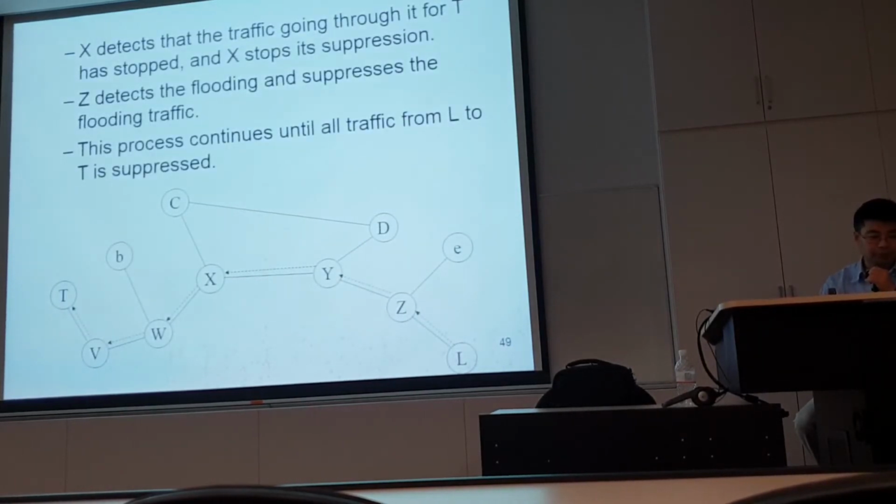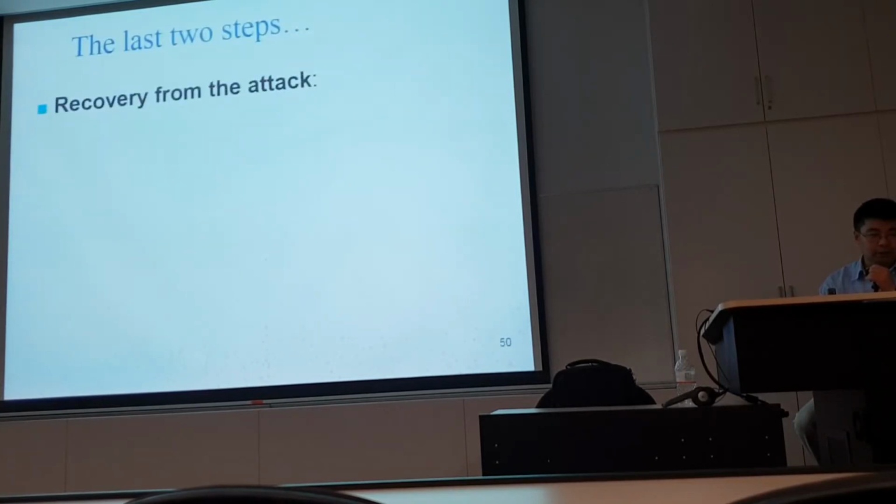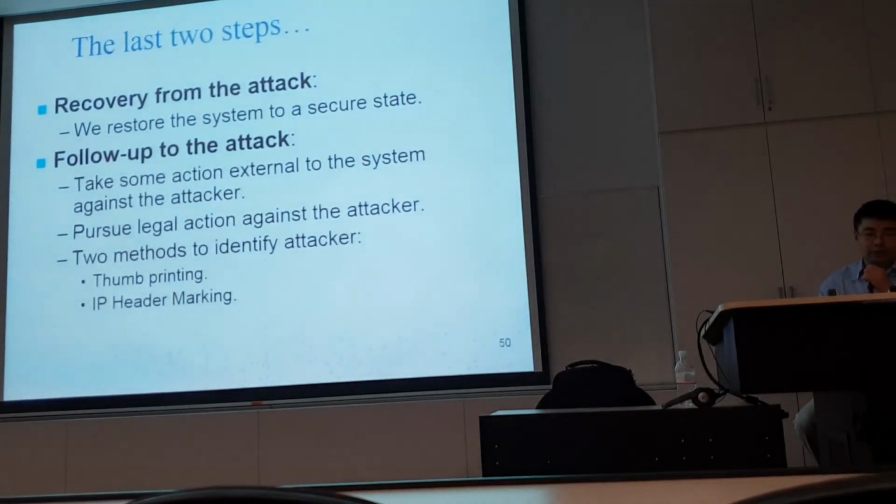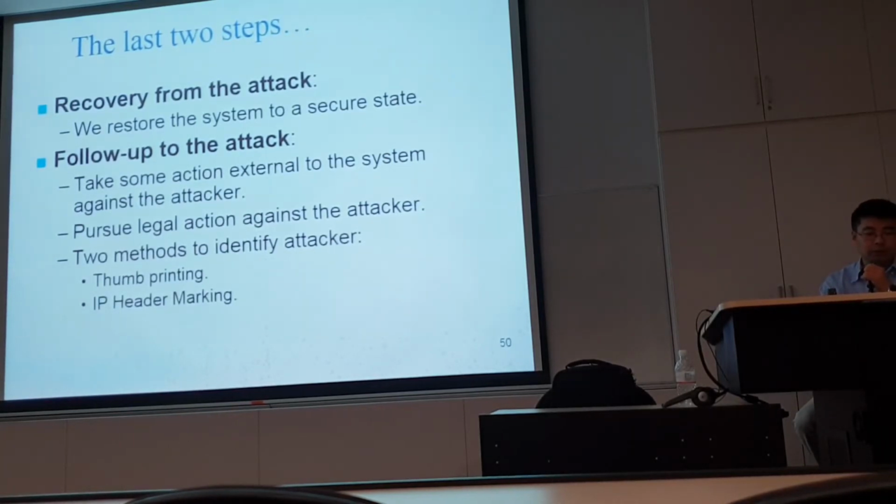The last two steps will be recovery from the attack. In the previous IDS protocol, we recovered the system gradually, and then we may also need to restore the system to the previous secure state. If there is an attack, that means the system entered an insecure state. If you still remember, the secure state means all the access control and authorization policies are enforced.